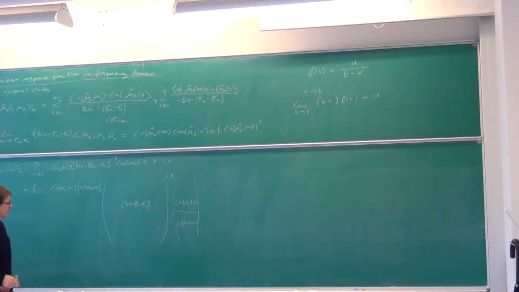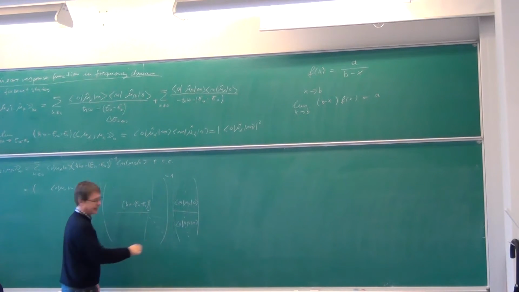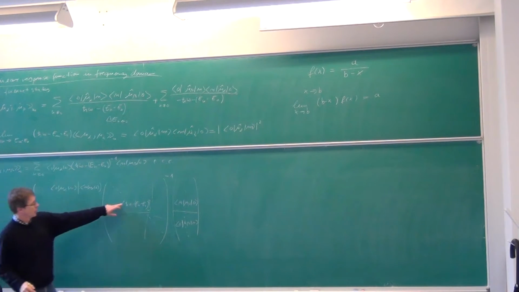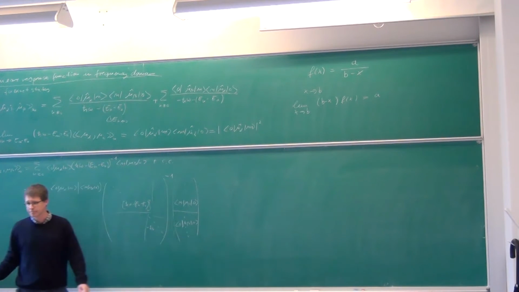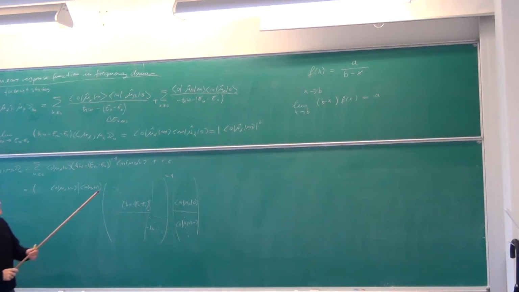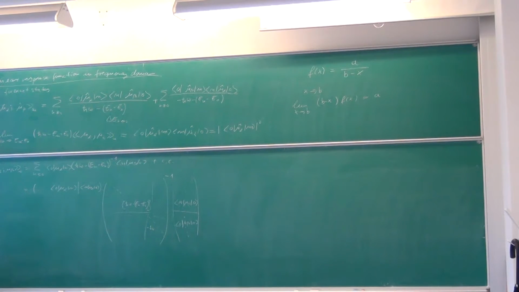And down there a part where, instead of omega, I have minus h bar omega, and the rest is the same. So I can write the whole thing up in a matrix way.